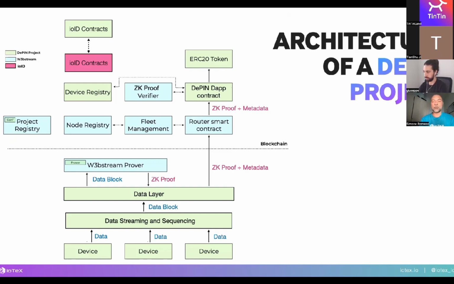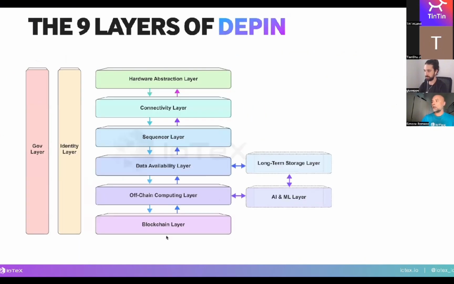However, for a proof of concept, we are going to use a simple Postgres database that is publicly accessible from WebStream. So let's say that the data streaming and sequencing layer basically implement connectivity and sequencing, and Postgres is providing the DA layer.